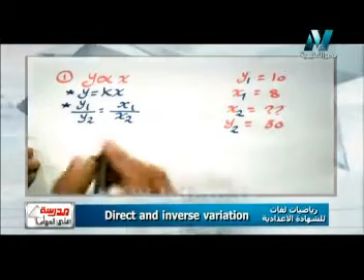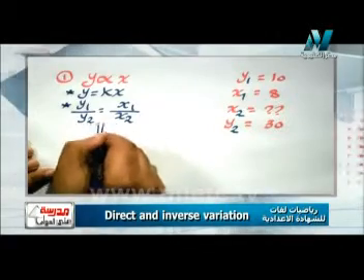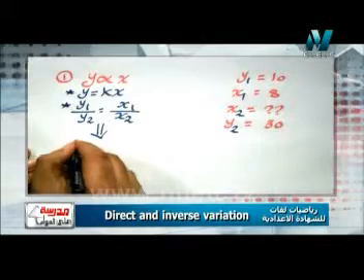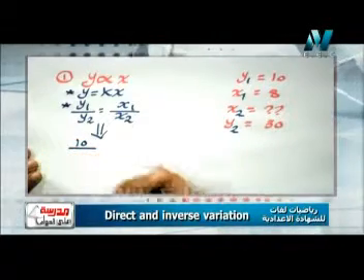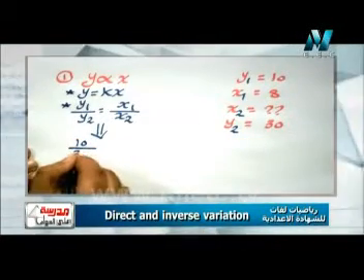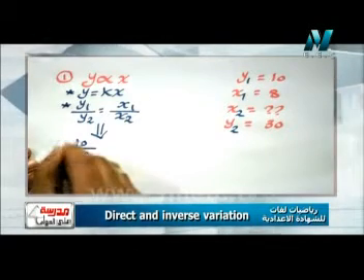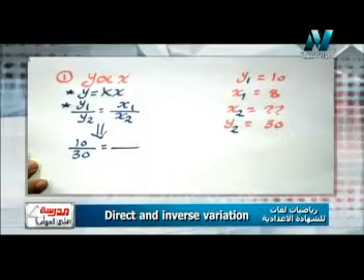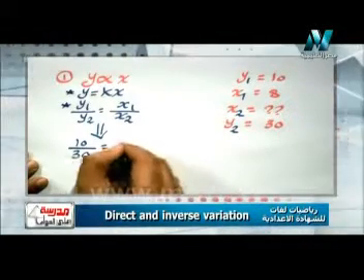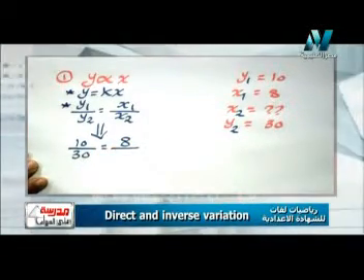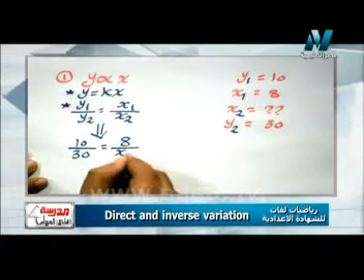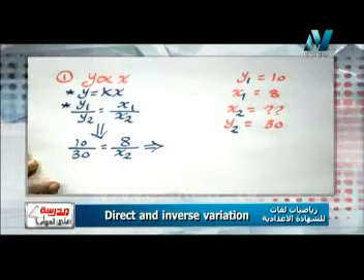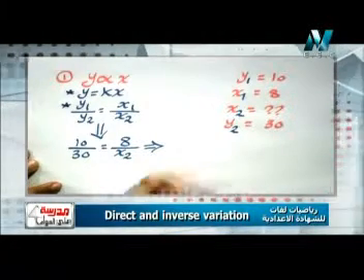You can replace the values given. y1 equals 10, so 10 over y2 equals 30. x1 equals 8, we can put here 8. What about x2? x2 is required. Then we can use cross multiplying to find the answer.